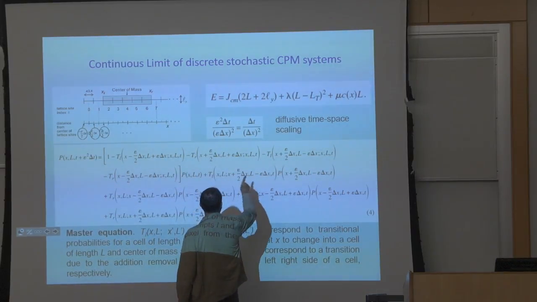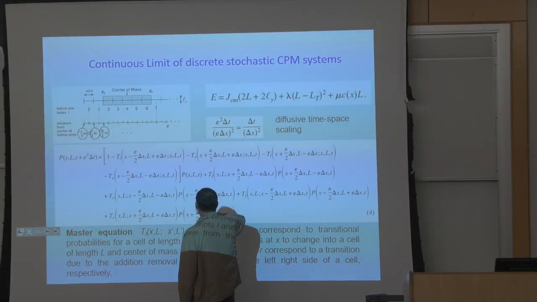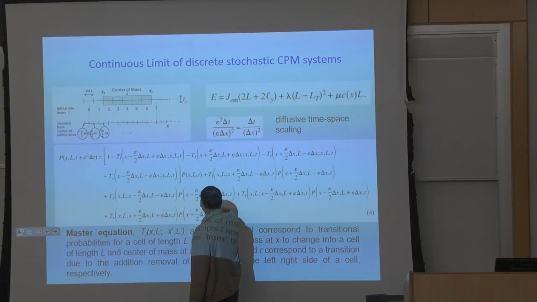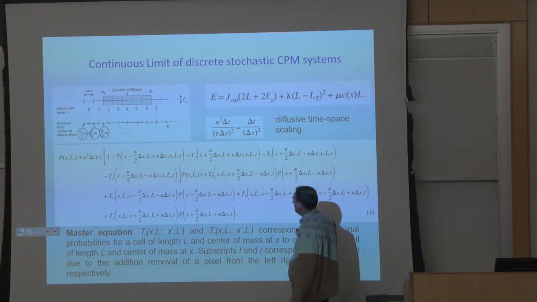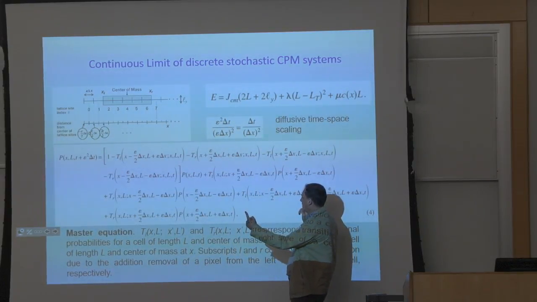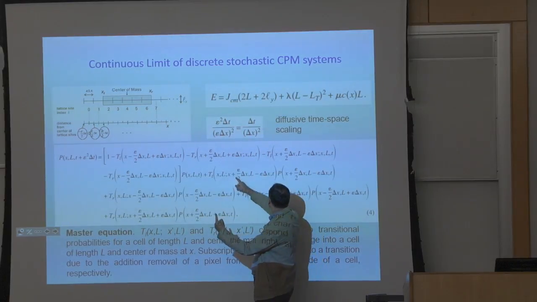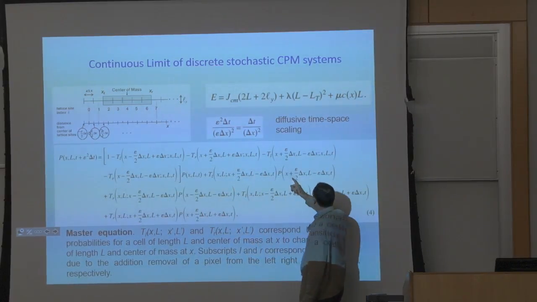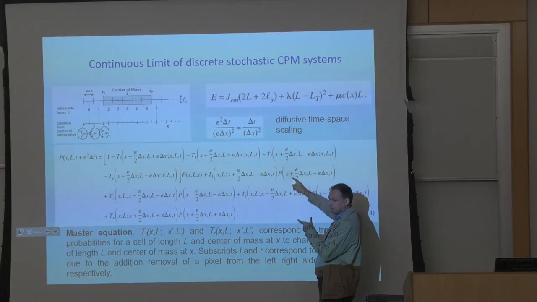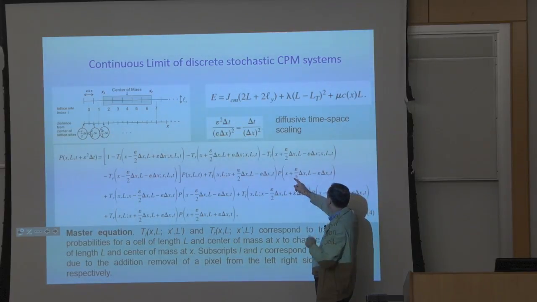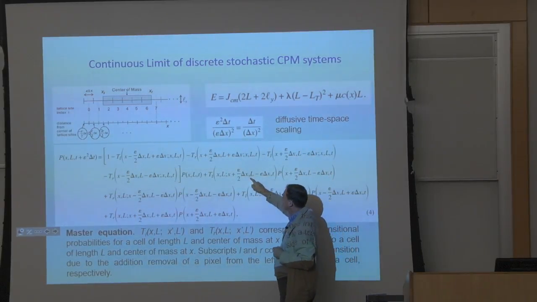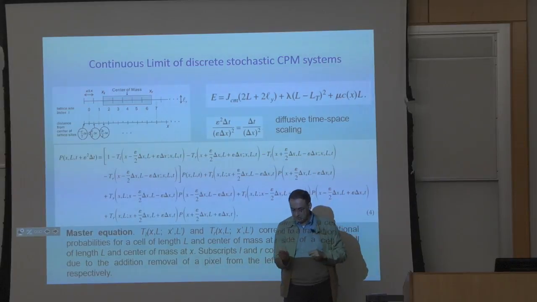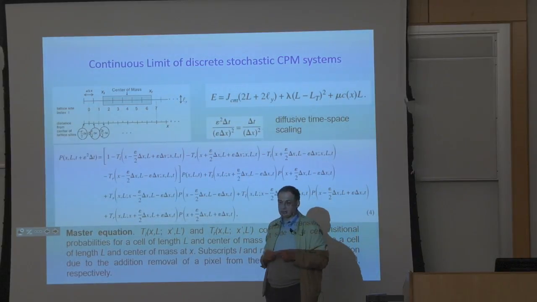So that's a bit longer, and then I need to multiply by the transitional probability. That's the probability of finding a slightly longer cell close to this position at the initial moment in time. And this is the transitional probability of losing one pixel on the right-hand side.